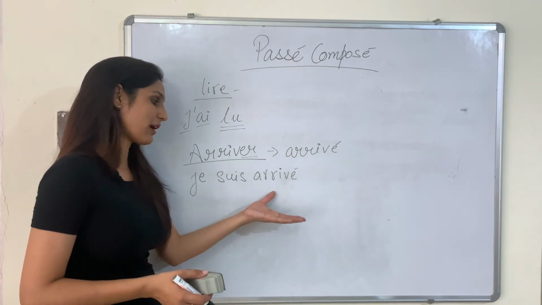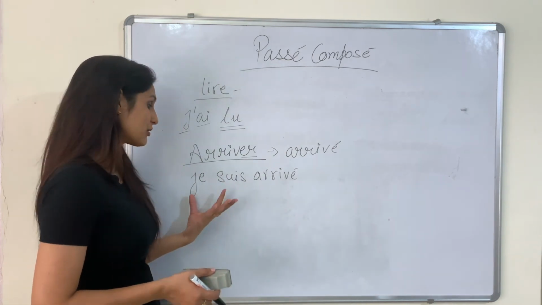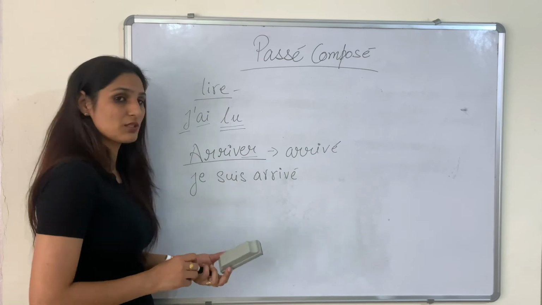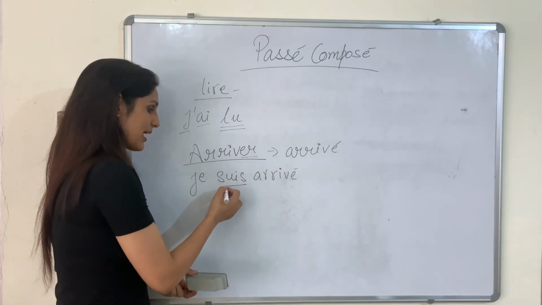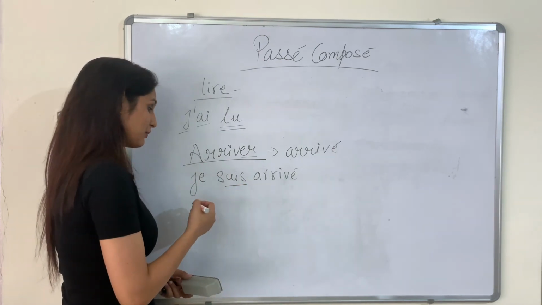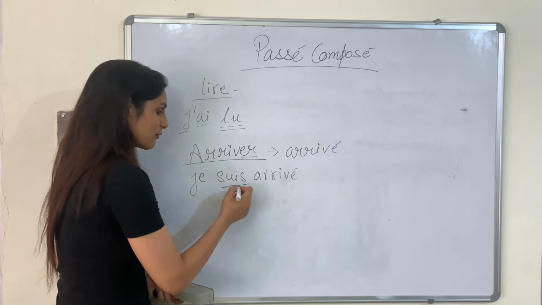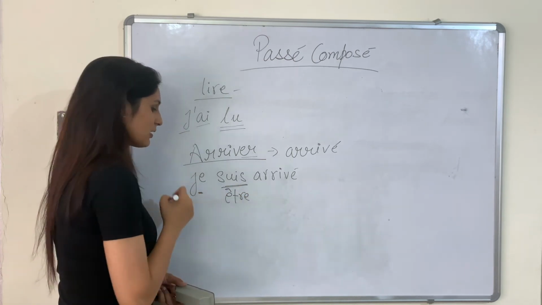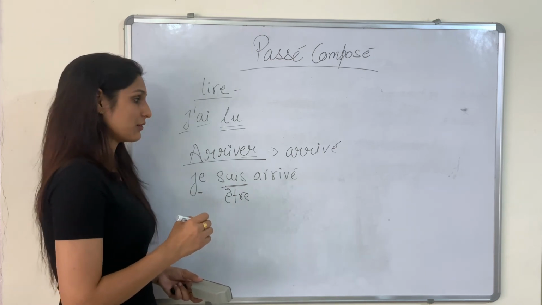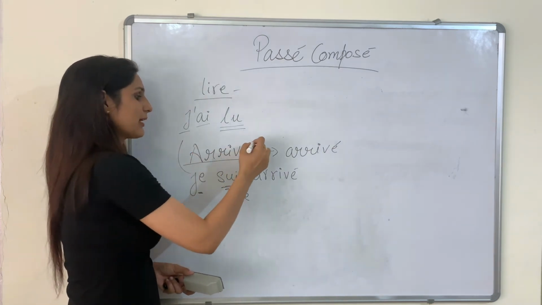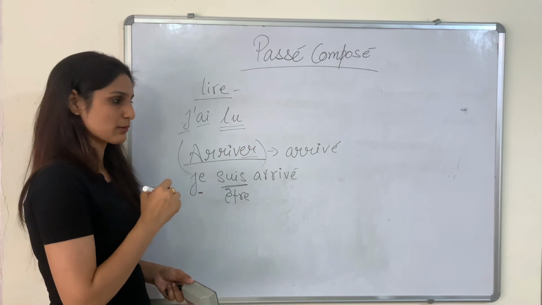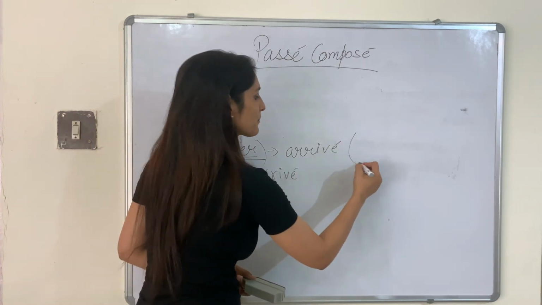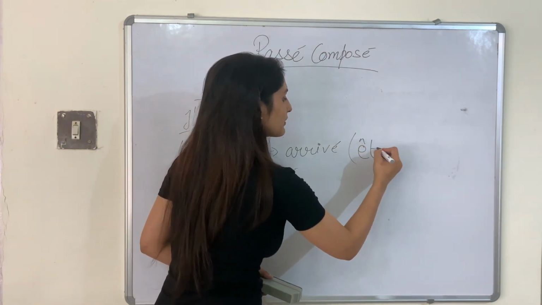I am arrived, that you will understand if you try to do the translation, because actually suis, which means am in English, is a form of être with je. So I want to tell you that with verbs like this, where your subject is moving, you use être.